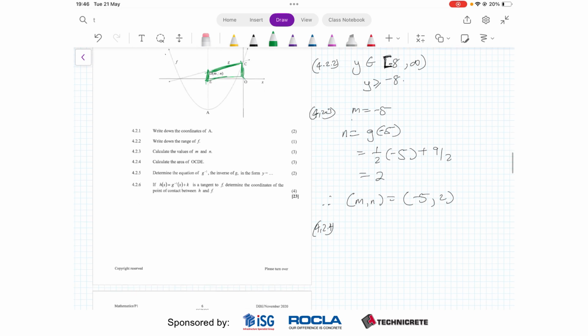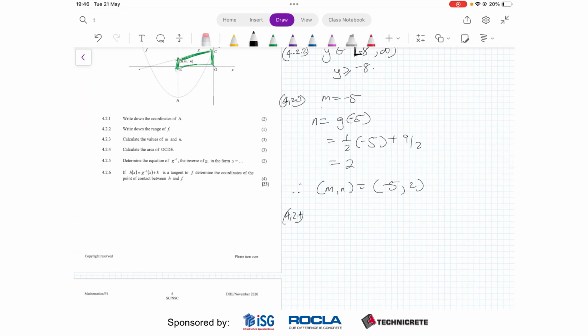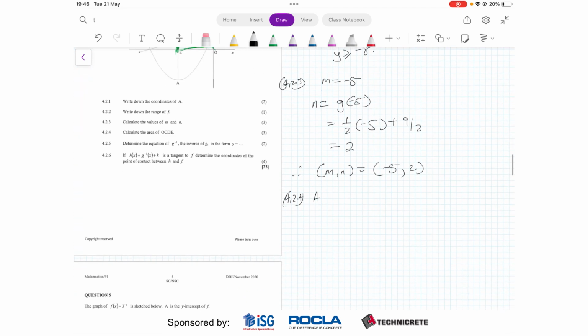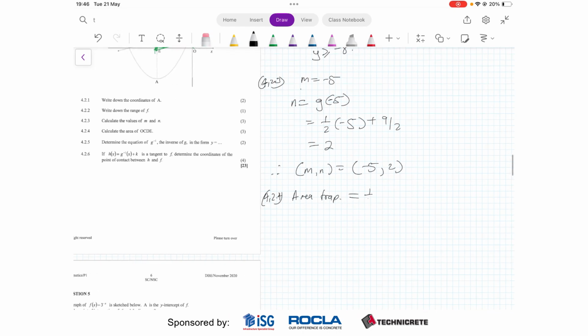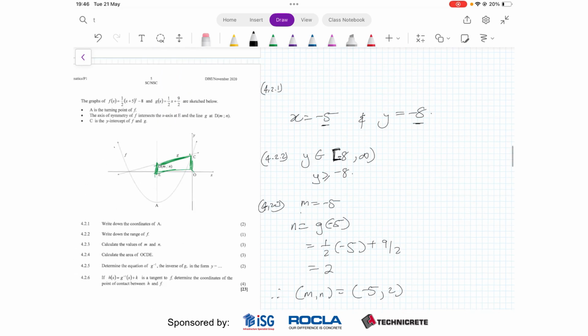Okay, so using the area of the trapezium, we know that the area of a trapezium is given by 1/2 of the sum of the two parallel sides. And our parallel sides are OC and DE, right?